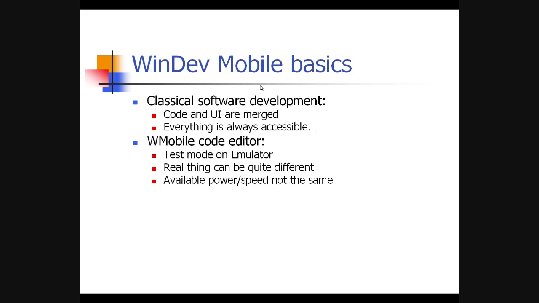Now you're talking about developing software for a device that has really not the same thing. The device I'm using, which is quite a high-end device, it's currently the HTC P3300, has an ARM compatible processor at 200 MHz.